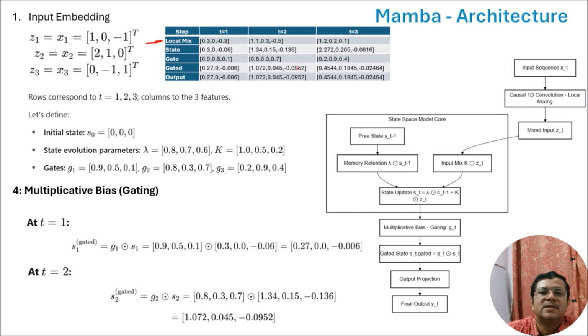So local mix means after this 1D convolution, at time t equal to 1 we got this value, at time t equal to 2 we got this value, and at time t equal to 3 we got this value. And we had states, that is the value that we are getting from this part.